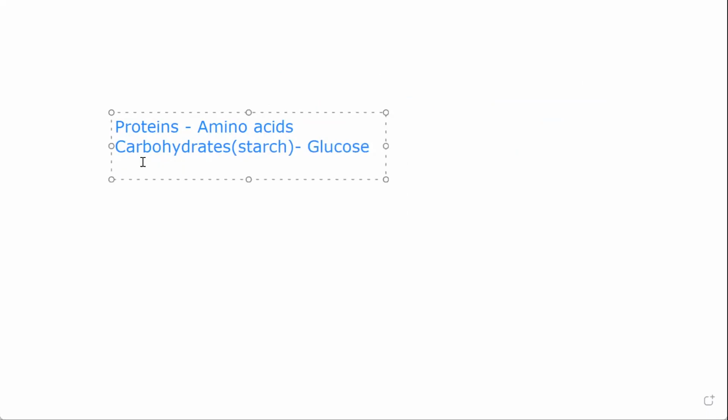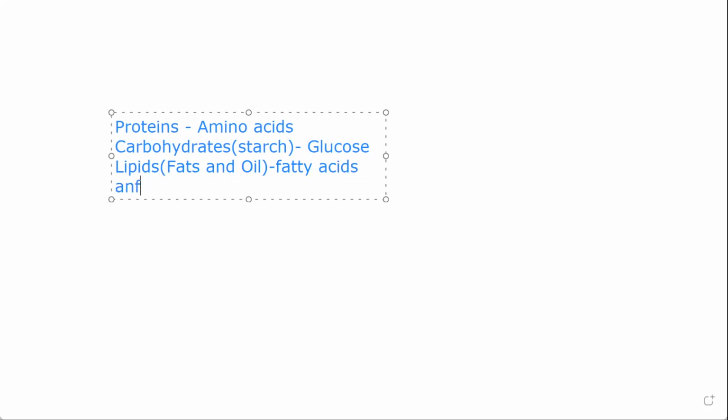Then fat or lipids, I am sorry, lipids mean fat and oil, which give fatty acids when they break down, fatty acids and cholesterol.